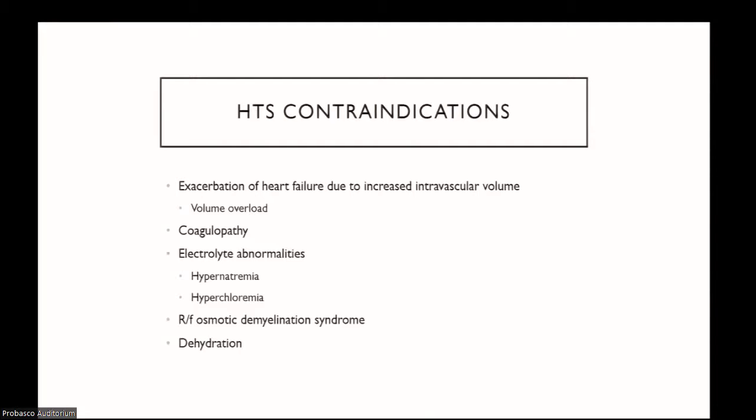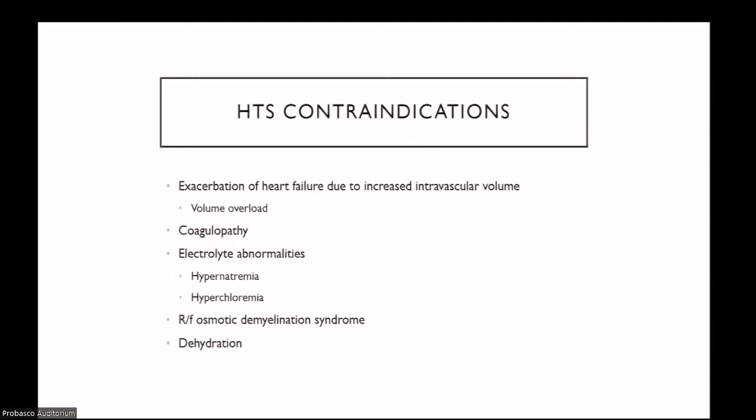So some of the contraindications to hypertonic saline include heart failure. It can exacerbate because of the increased intravascular volume. It can cause some pretty profound hypernatremias in a lot of patients.